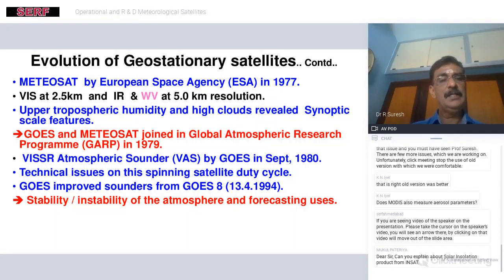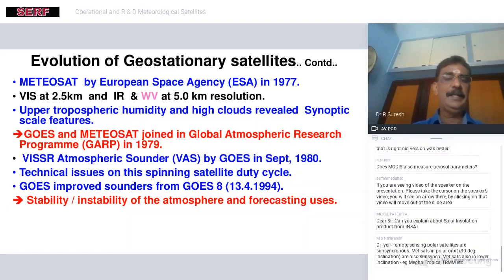GOES and Meteosat contributed to the WMO program called GARP, Global Atmospheric Research Program, which started in 1979. It carried the first vertical profile sounder, that is the VAS atmospheric sounder, in the GOES series of satellites in September 1980. But due to technical difficulty, it was not continued.